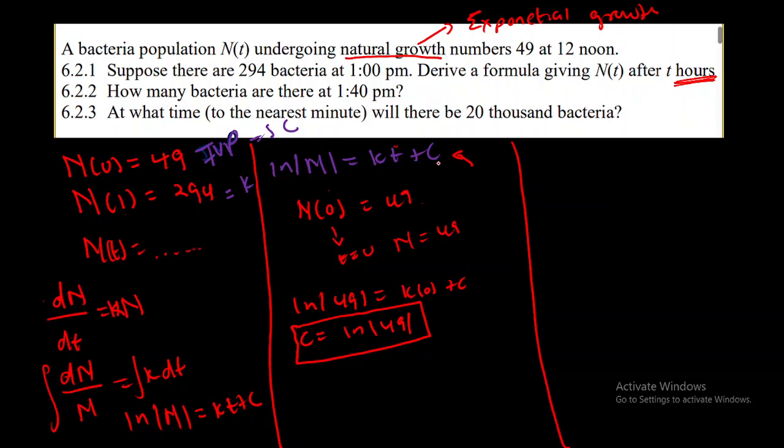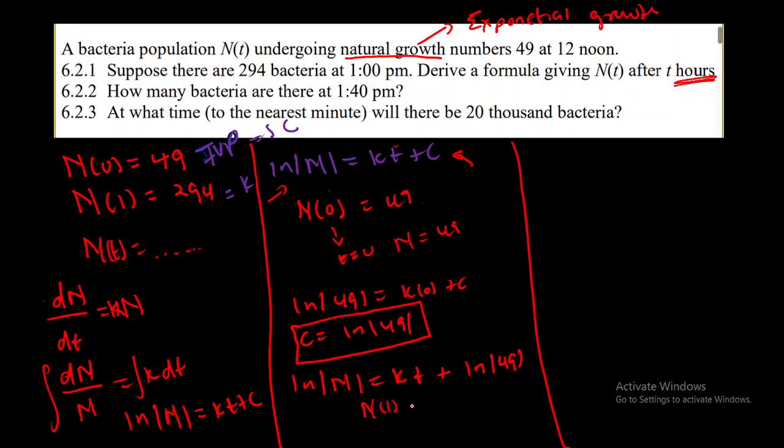So we need to substitute c back into this equation. So we're going to say ln of N is equal to kt plus c, which is ln of 49.